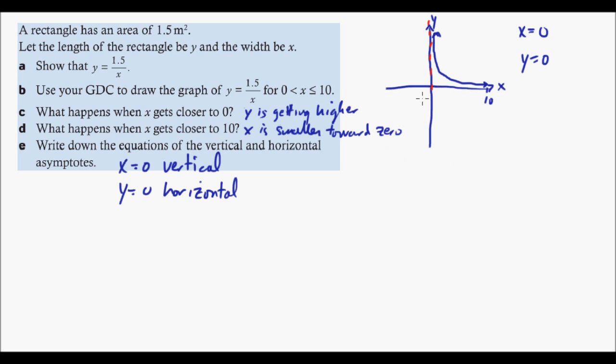That basically means it's going to go up to it, but it won't hit it. If you use a really small value of x, like 0.000001, it'd be a pretty big number. And then your horizontal asymptote is going to be right here.